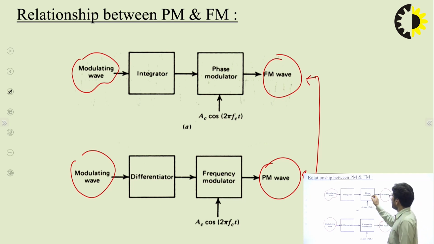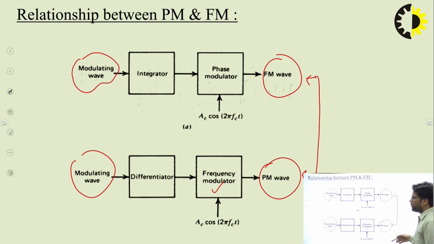So through the PM, we can also achieve the frequency modulated signal, and through the frequency modulated signal, we have the phase modulated signal. In both cases, we have the variation in the frequency. So this is the relationship between PM and FM.